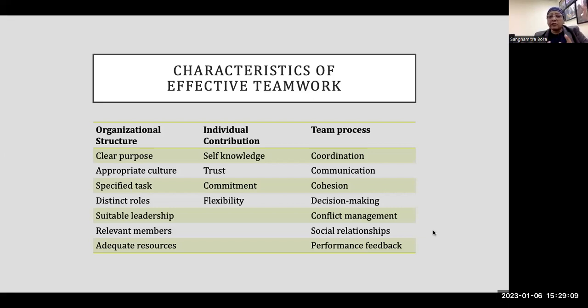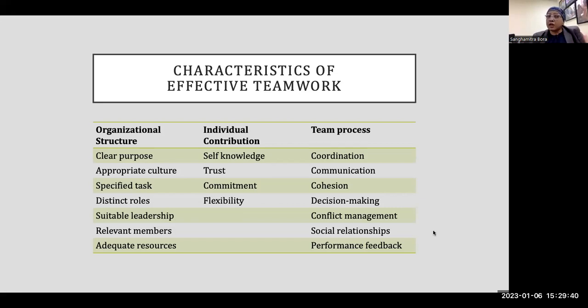It's like a jigsaw puzzle where you try to fix in everything on the fixture which is made for it. Okay, so you have to be flexible all the time. And then team process, there has to be a lot of coordination among the team members, adequate and effective communication. There has to be cohesiveness.